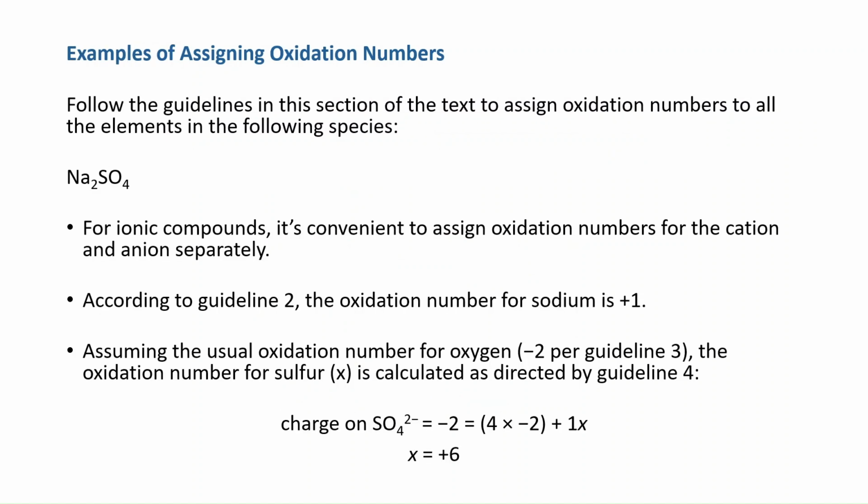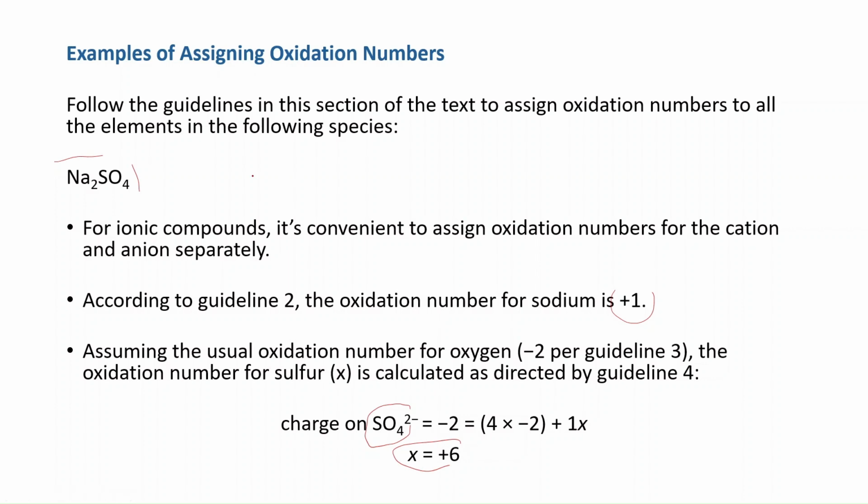So here you have some examples. Sodium sulfate is pretty much what I did before. One of the things that you can do, when you have an ionic compound, is separate it into ions, or not, your choice. You can say sodium is plus 1. The sulfate ion, we just did it right now, and we came up with this. But you could also say, well, I don't want to break it into ions.